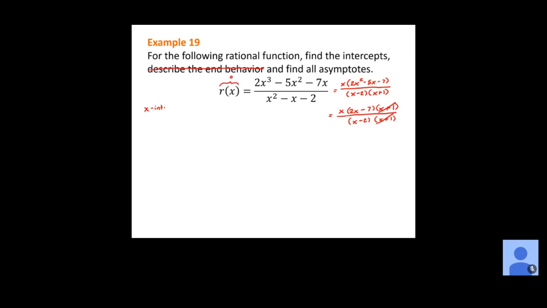If this is our y value, and we're setting that equal to 0, what would have to be equal to 0 to make the fraction equal 0? The top, right? The numerator needs to equal 0 in this case. So I'm going to take those two factors from the numerator and set them equal to 0. So that's going to give us x equals 0 or 2x minus 7 equals 0.